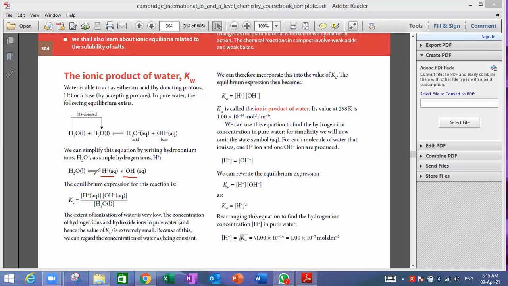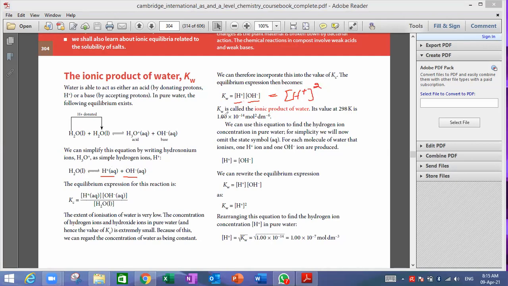When water dissociated, it gave 1 mole of hydrogen ions and 1 mole of OH ions, and this means that both moles are equal. So we say that Kw equals H positive times OH minus, or else H positive squared since both are equal.